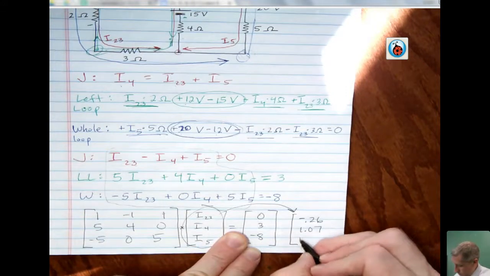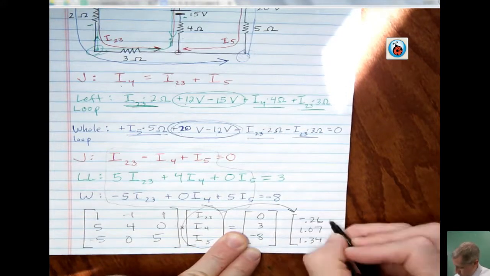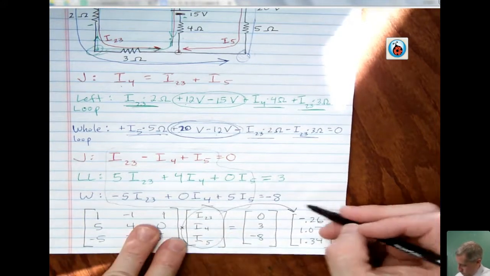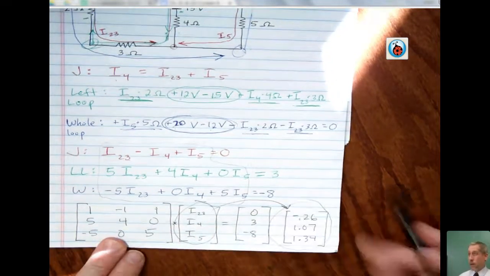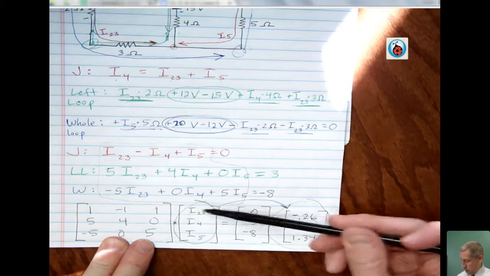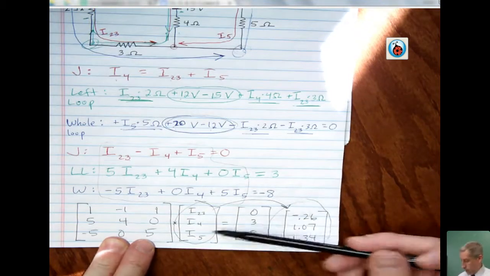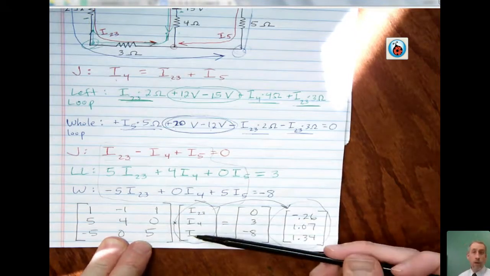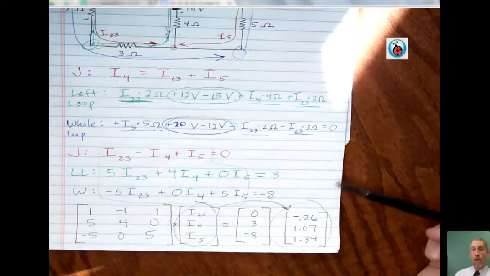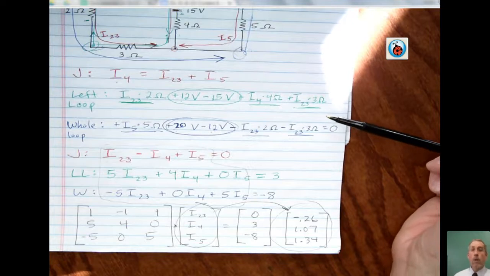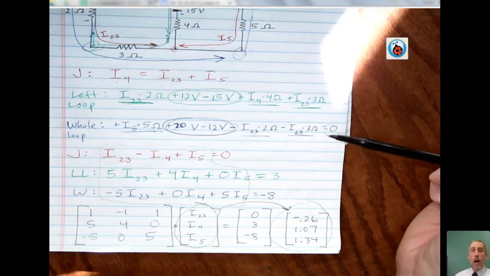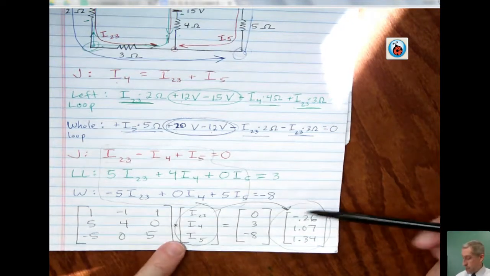But now that I have a negative sign in my solution, all it means is my original choice of the direction was opposite of what it should have been. And that's not that I made a mistake, it's that I just legitimately did not know what the correct directions were. But you see, you don't have to know what the correct directions are going into the problem, because by the time you're all done, you will have figured out what the correct directions should be.